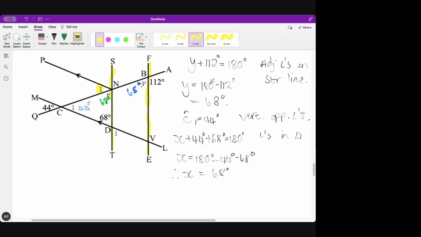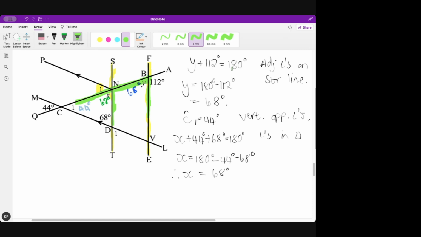Okay, so let me ask you guys, right? I'm going to show you guys something now. Look there. What shape is this, guys? What shape did I draw there? An F. And what can you tell me about those angles inside the F?